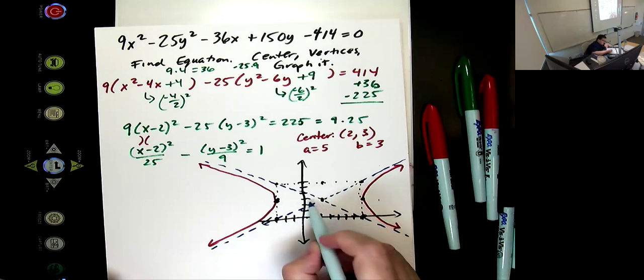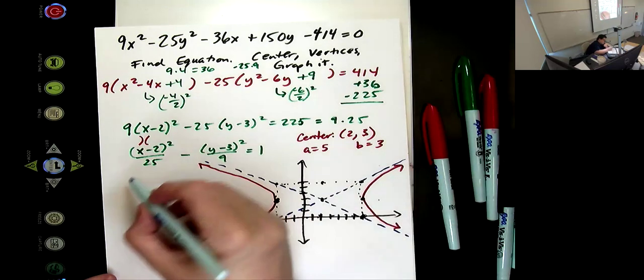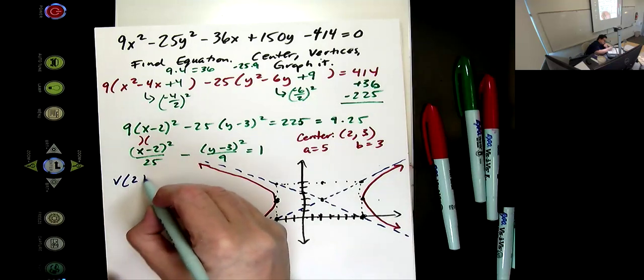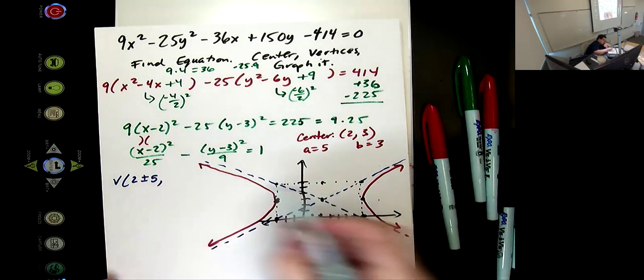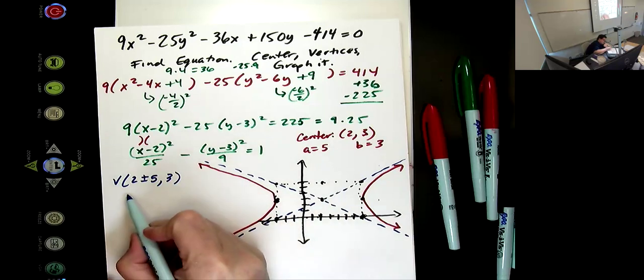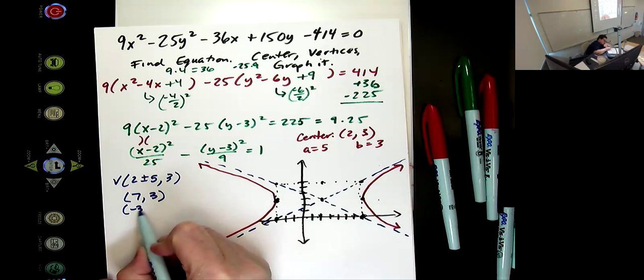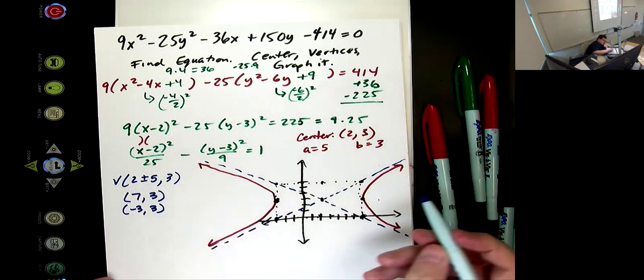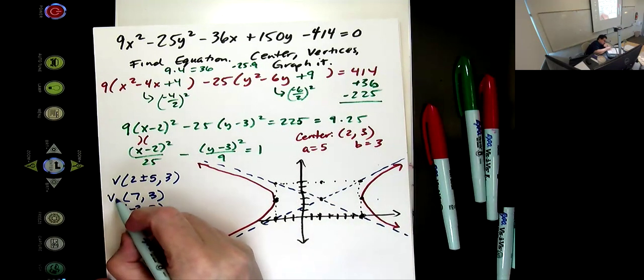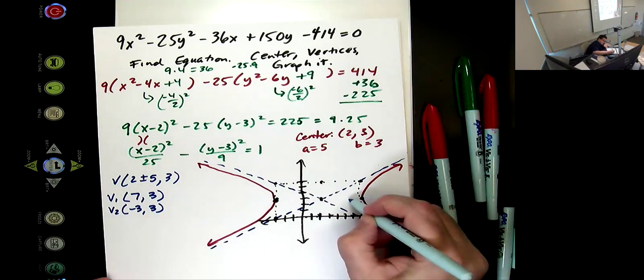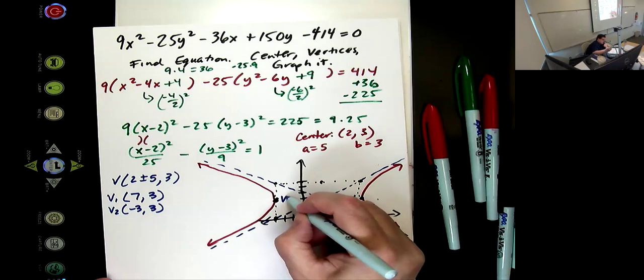Yeah, we're going left and right 5. So our vertices are going to be at 2 plus or minus 5, comma 3. So 2 plus 5 would be 7, comma 3. 2 minus 5 is -3, comma 3. So if I call that one B1 and this one's B2, that's B1 and that's B2.